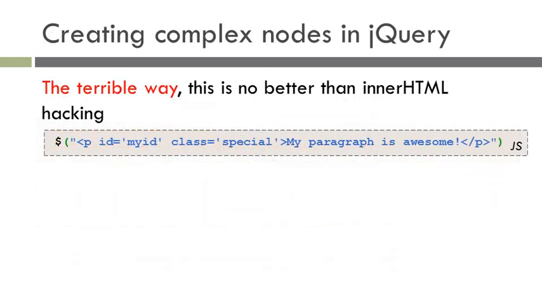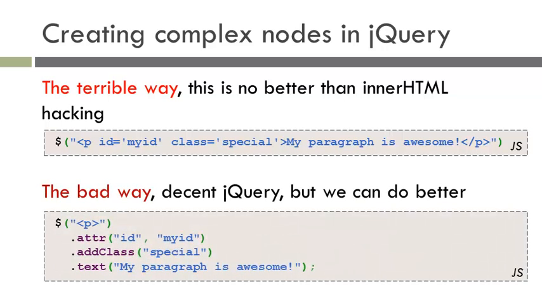To create complex nodes using the jQuery function, you could just add the raw HTML as plain text. But this is not any better than innerHTML hacking. One method is to use the jQuery chaining method, but this requires the use of each function to add or set the property.